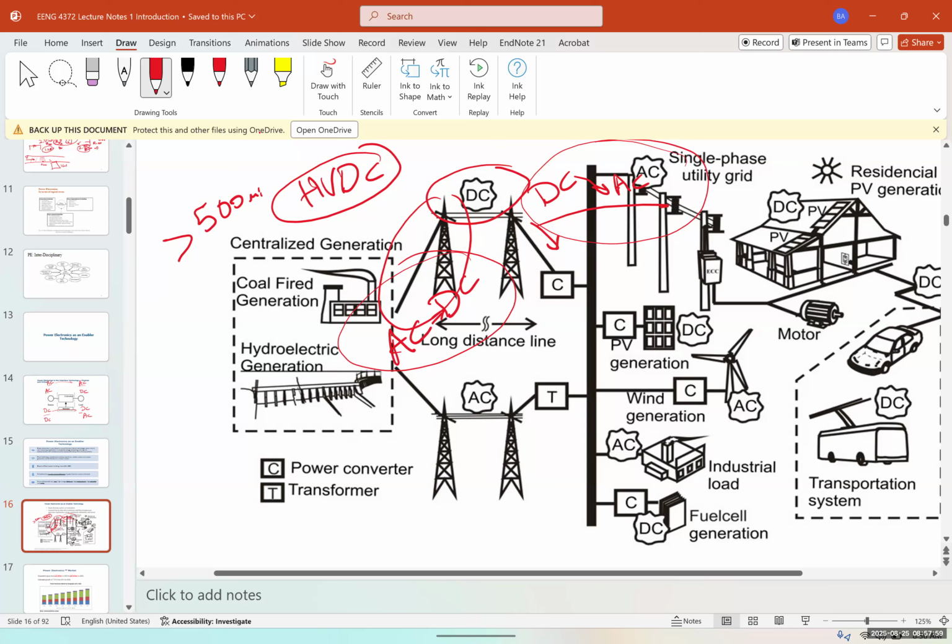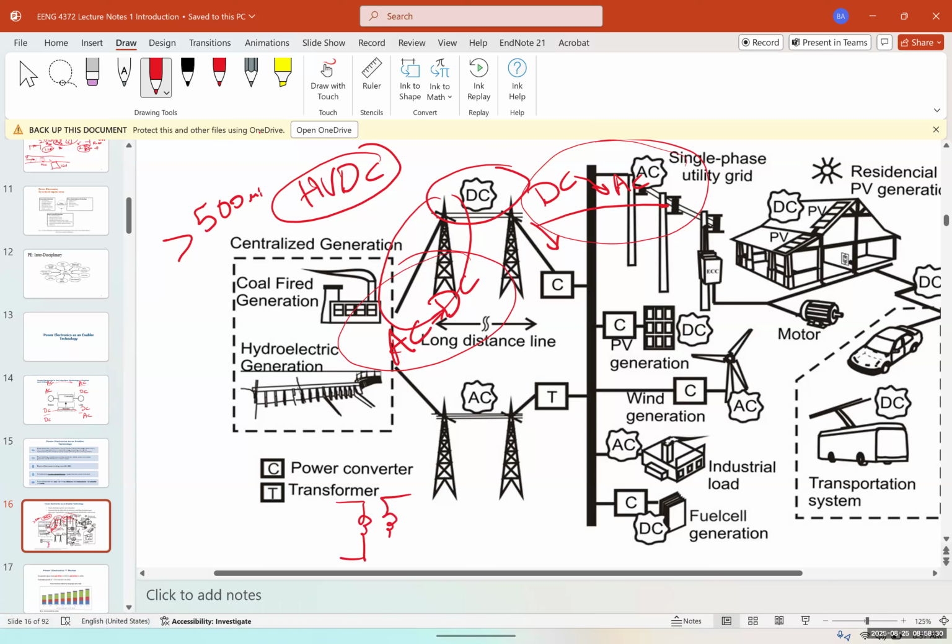If you're able to reduce losses, you can use a transmission line that is narrower, so you're gonna reduce the material that you're using. If you are using copper or aluminum, mainly they are using aluminum, it's gonna significantly reduce costs. It's beneficial if it's over 500 miles usually. If you want to run an undersea cable, DC is the way to go. AC, again, you need a transformer. You need two transformers.